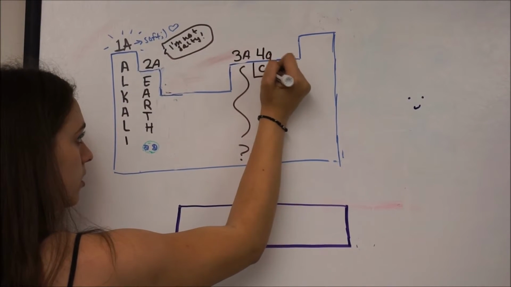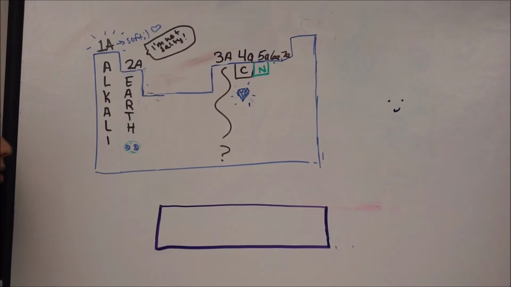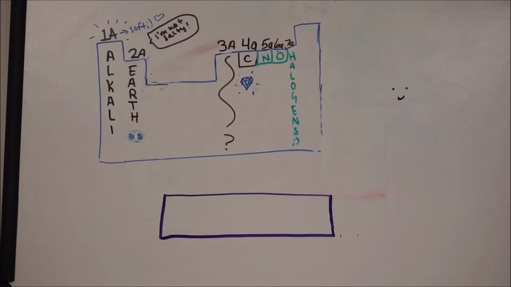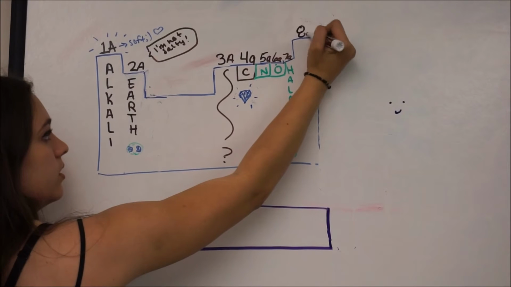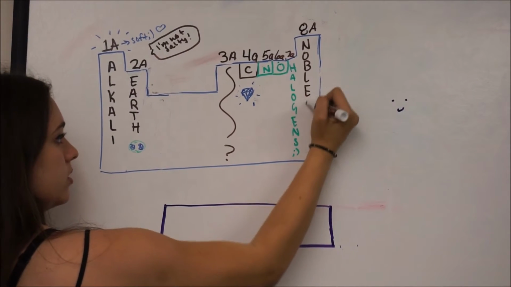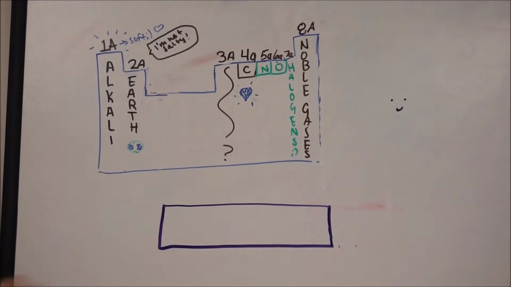It also makes diamond, which you give to your wife. 5A, 6A, 7A, 2, nitrogen, oxygen, halogens for you. Halogens react aggressively, mostly diatomic. Matter got all three. Group 8A is a special one. Noble gases, they're hella fun. Their shells are full, they don't react, but once you do, you can't go back.